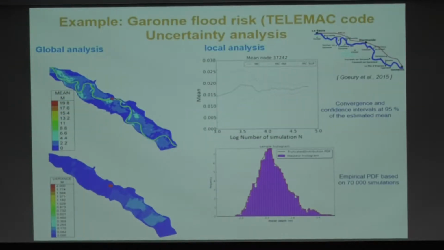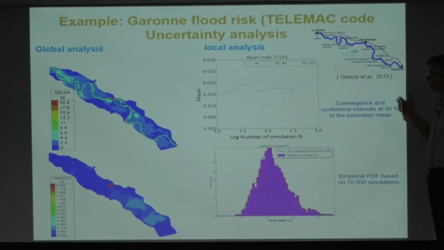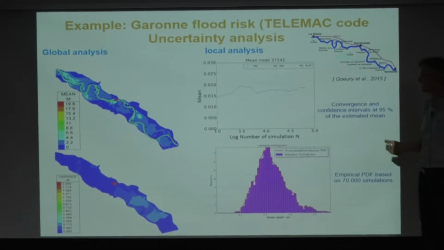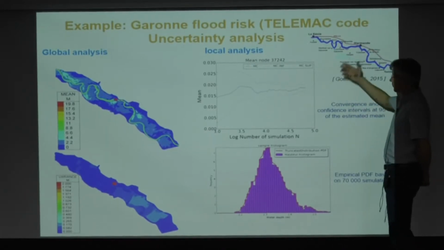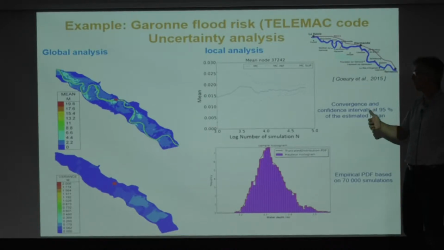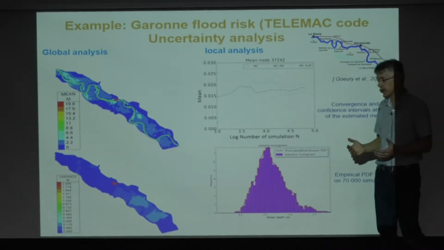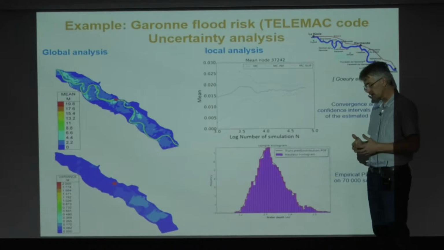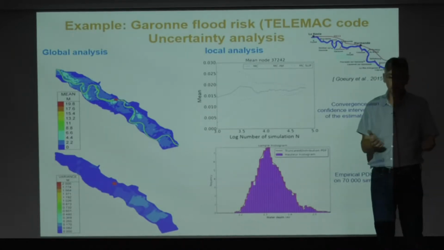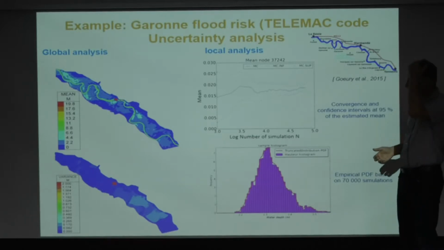I have shown this first example Tuesday. Why it is useful for engineering studies, for real studies, is that when we perform an uncertainty analysis, we have a simulation model. We simulate what can occur in a physical phenomenon. And of course, we have a lot of uncertainty, as we have explained Monday and Tuesday.